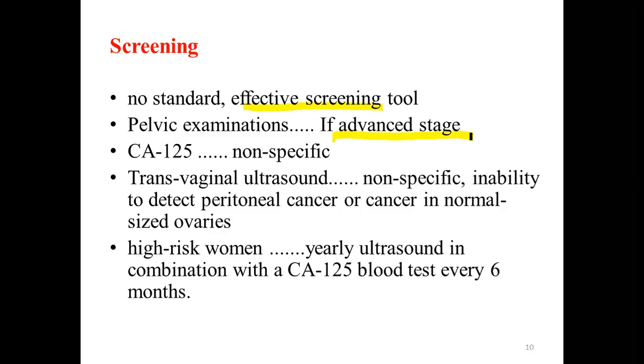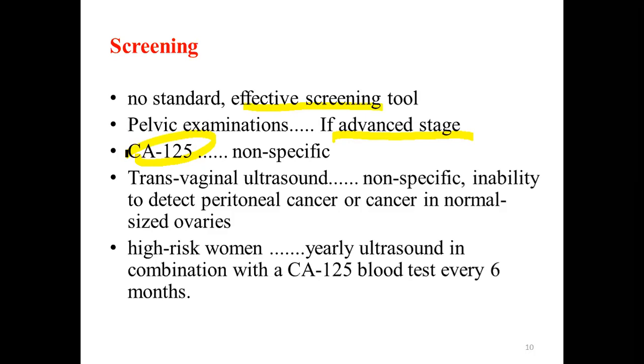So if they do a pelvic examination in the early stage, they might not really identify whether there is a malignant transformation or not. Then the other thing we are going to look at is the serum level of cancer antigen 125. Please don't forget, if you see a patient with ovarian cancer, expect CA125 in the diagnostic test, as well as in the screening, as well as in monitoring of response.